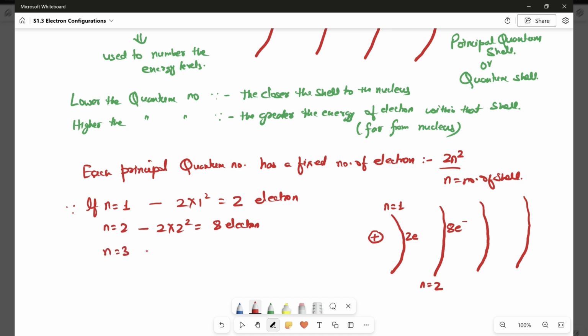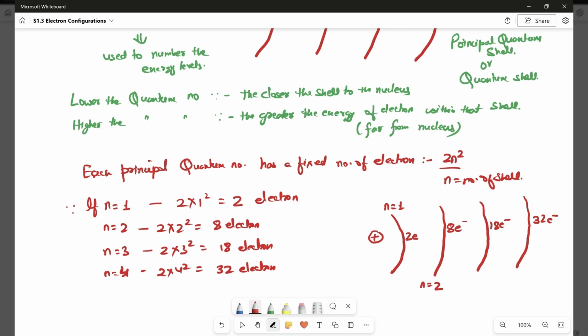If n is equal to 3, it will be 2 into 3 square, 18 electrons. So the third shell will accommodate 18 electrons. What about the fourth shell? It's 2 into 4 square, meaning 32 electrons.